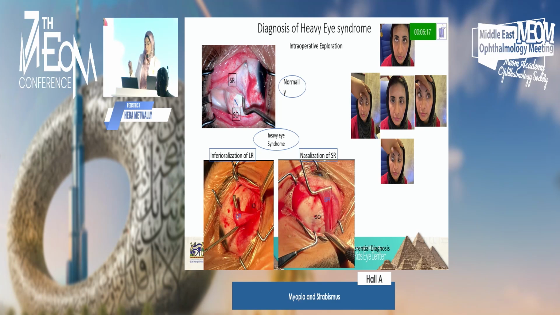So I have a small tip that would help you to suspect it, because in some cases you just start the operation without thinking about it, and you have a differential diagnosis already. You're not sure whether the patient already had myopic heavy eye syndrome, myopic esotropia.